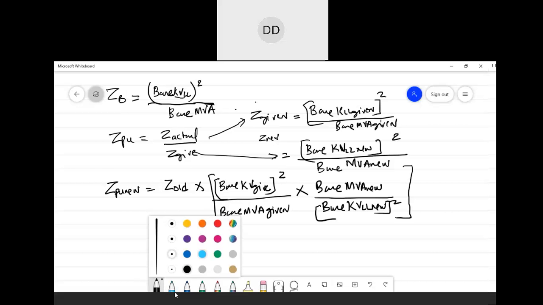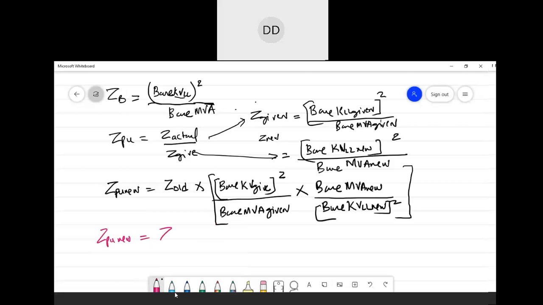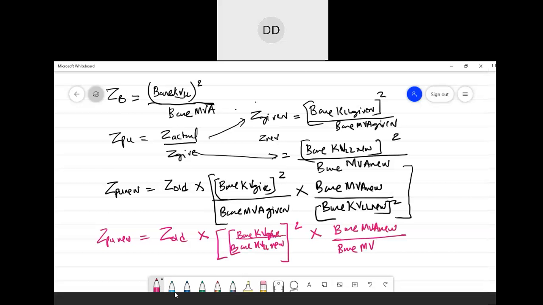Now you can separate these two terms and you can write Z per unit new is equal to Z old into base KV given divided by base KV LL new, whole square, into base MVA new divided by base MVA given.